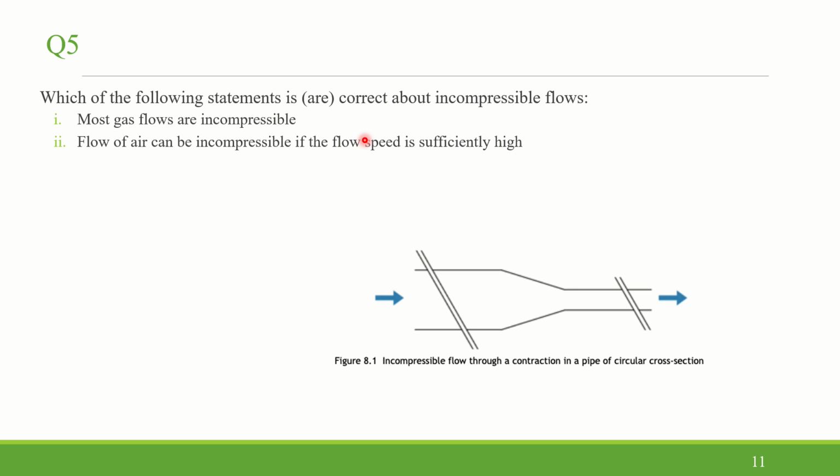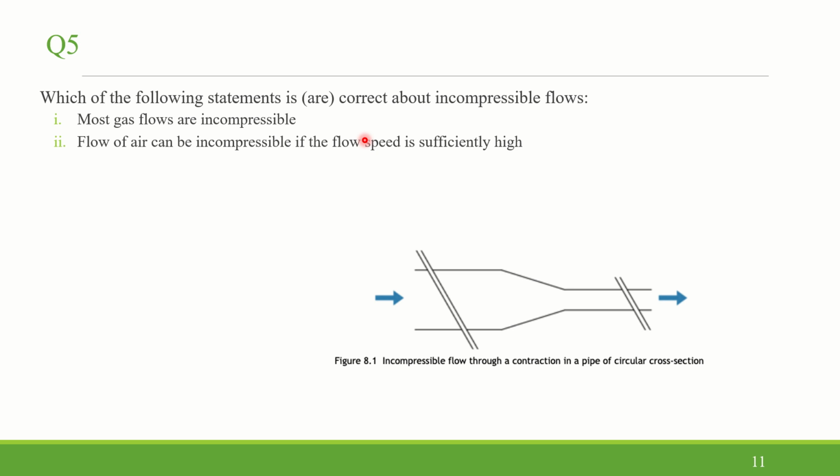We will see how. The first statement says most gas flows are incompressible. Even though we say that gas is a compressible fluid, when we talk about the flow condition, we are not talking about the fluid property, we are talking about the flow property.